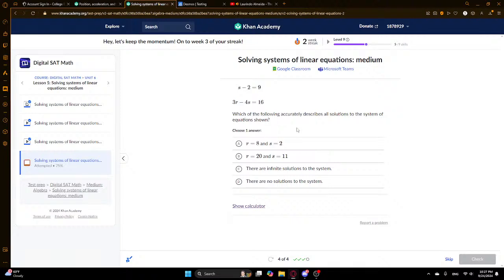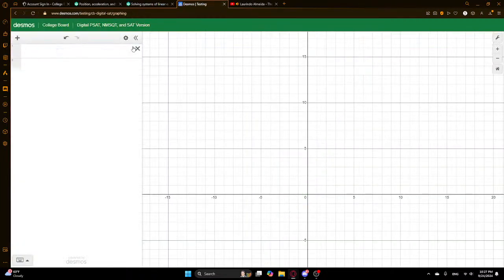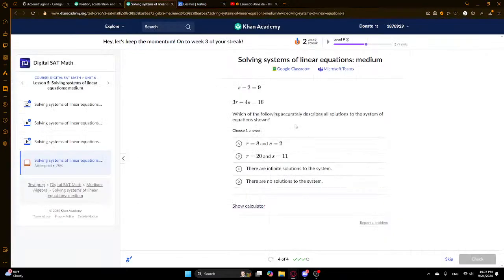3R minus 4 times 11 equals 16. 3R minus 44 equals 16. Add 44. 3R equals 60.